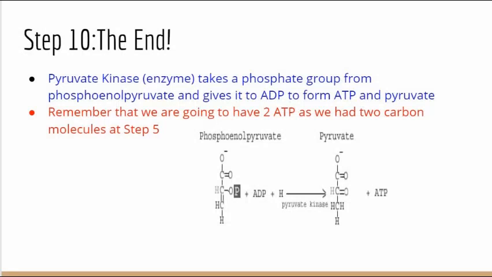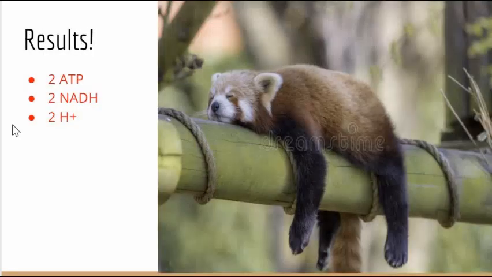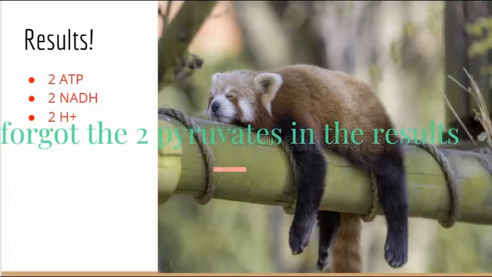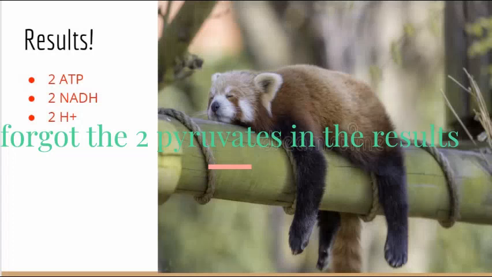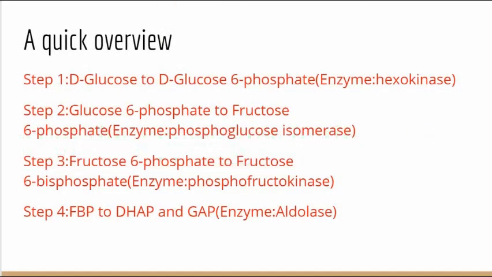So remember that, and remember repeating the step twice. If you do repeat the step twice and follow along on the video, you should get results of 2 ATP, 2 NADH, and 2 H+.